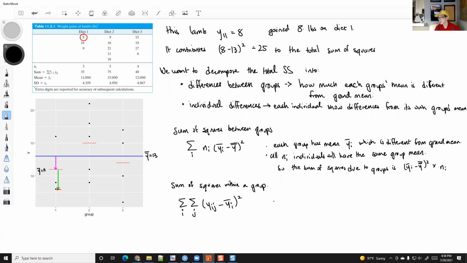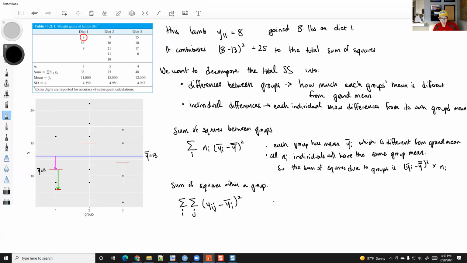Even within a group, why do we end up with all of these lambs gaining different weights? I gave all three of these lambs the same diet. How are they ending up with different amounts of weight gain? Well, it's just because every lamb is different. Even though you give all of these lambs the same diet, some are going to gain more and some are going to gain less. That's the individual differences. That's the sum of squares within a group.